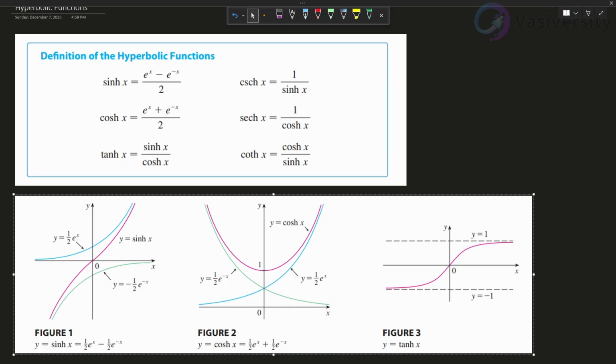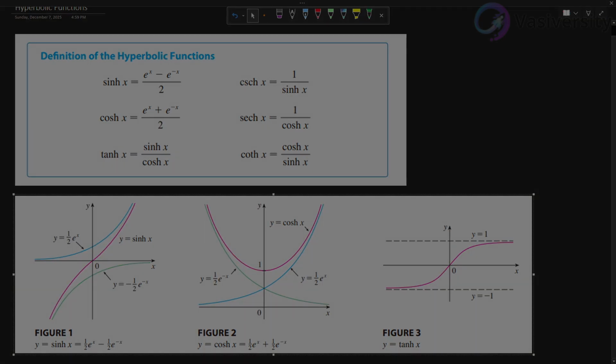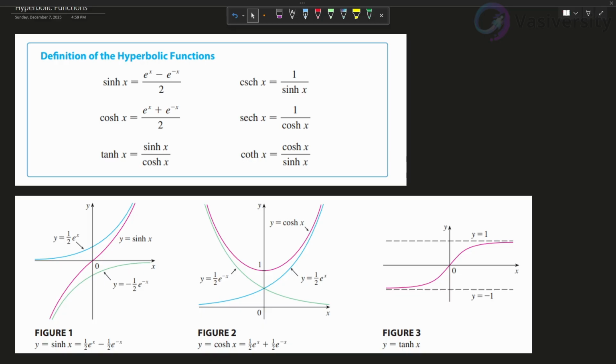E to the x is a very famous function. Later on, we will be learning about differential equations, and we will find out that differential equations relate to the exponential function.